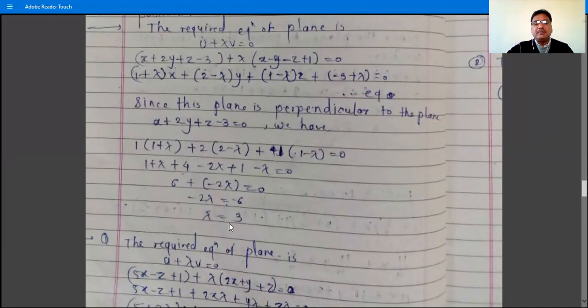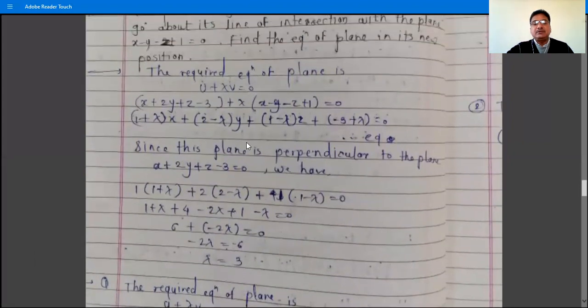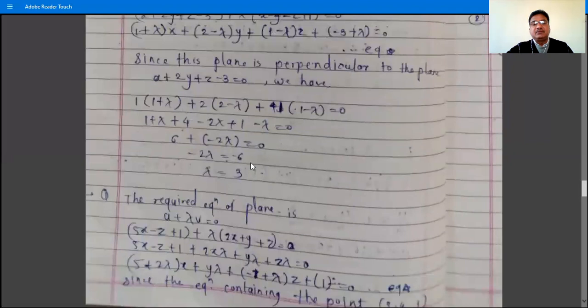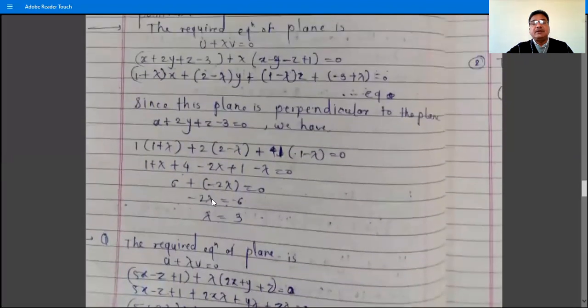We have the value of lambda as 3. Substitute this value of lambda in the equation to get the required equation of plane. So substitute lambda as 3. We have 3 plus 1, that is 4x, 2 minus 3, that is minus y, and 1 minus 3, that is minus 2z, and minus 3 plus 3 is 0, is equal to 0.